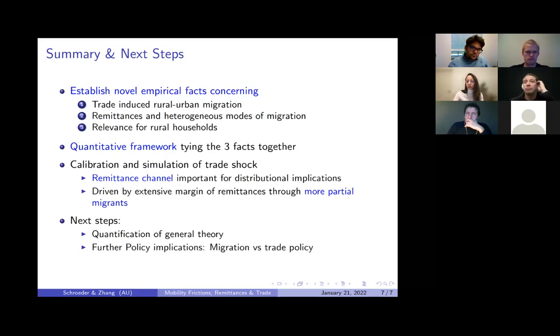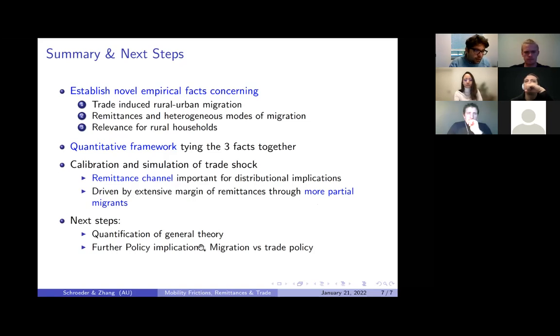But you are right, and our theory even implies that because of the extensive margin of migration increasing, remittances in total obviously increase, but not so much the intensive margin. So it does seem that remittances as a share of income seem to be relatively fixed over time. Okay. Yeah. Good comment, thanks.